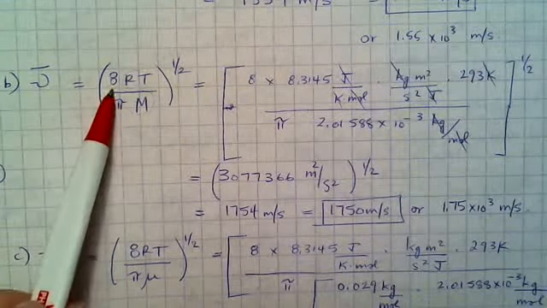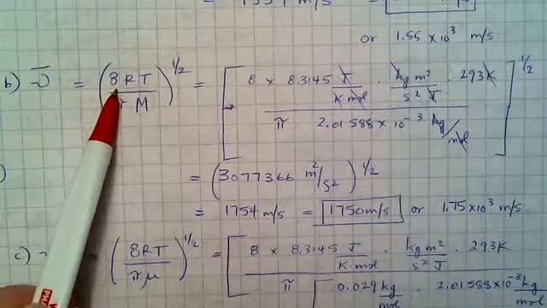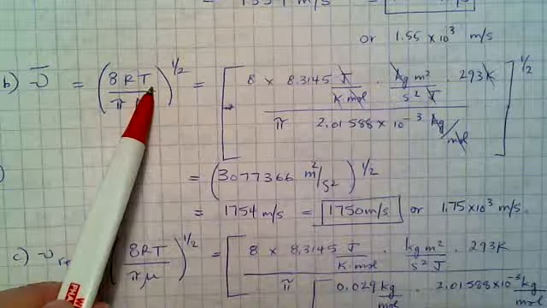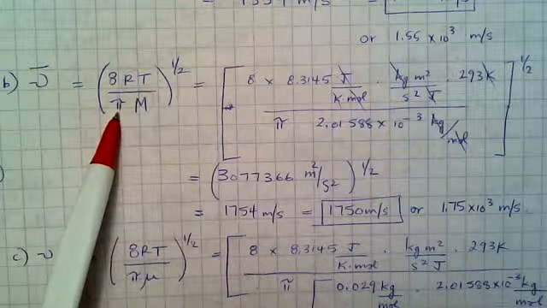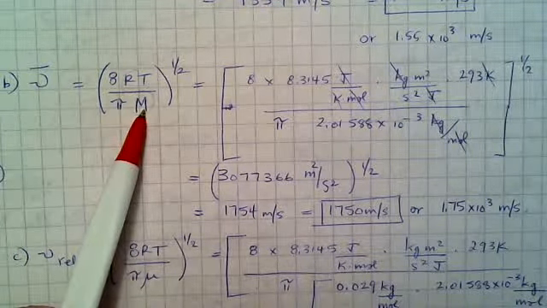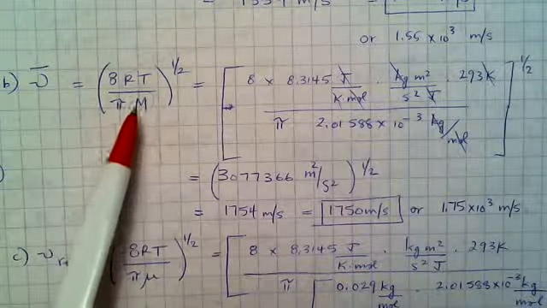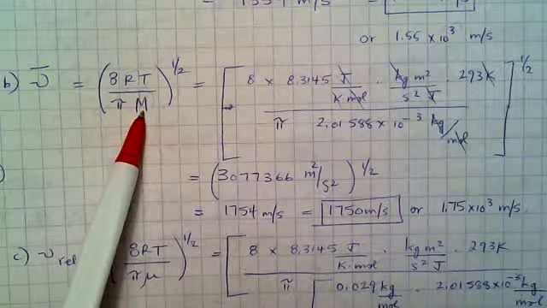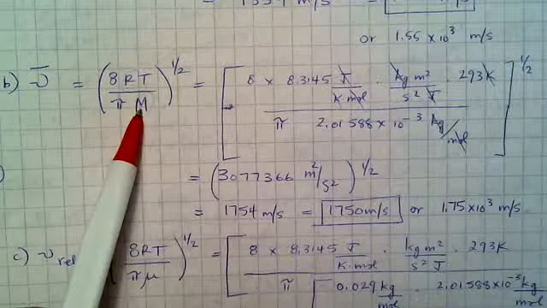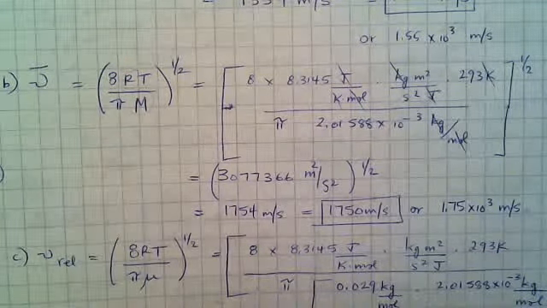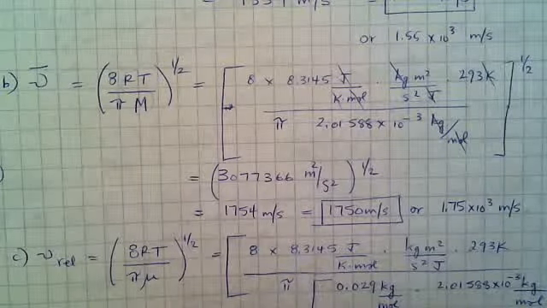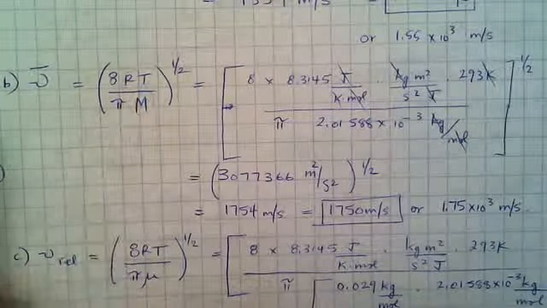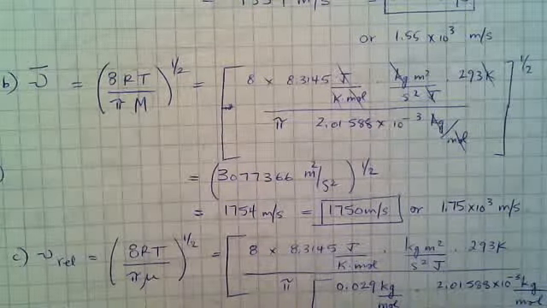Another formula would be the square root of 8kT, where k is the Boltzmann constant, over pi small m. So instead of kilograms per mole, it would just be kilograms per particle, essentially. I know it's a very small number, but it's balanced by the Boltzmann constant k here. So that's that.